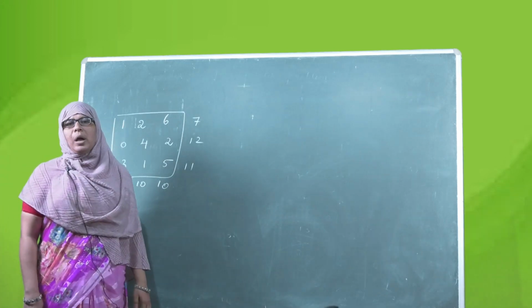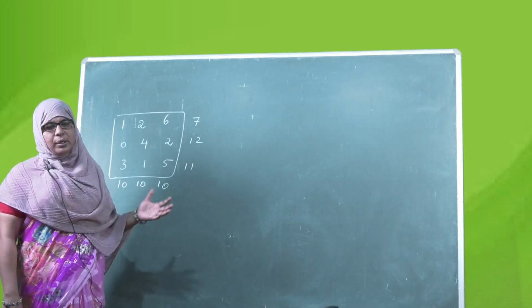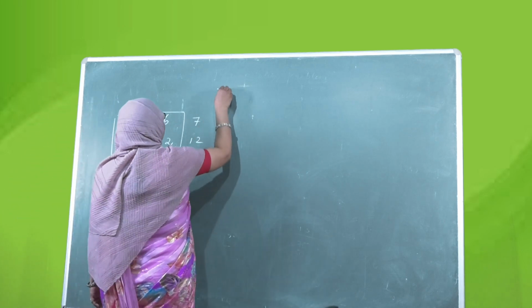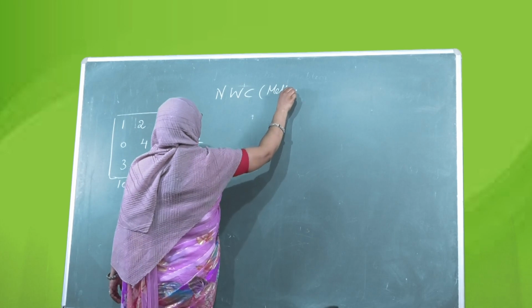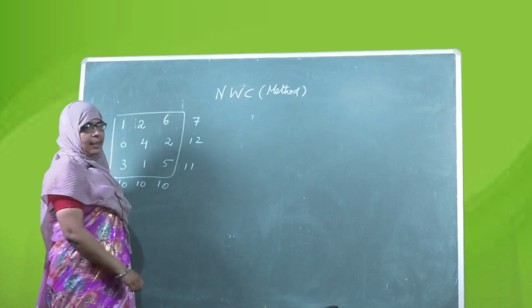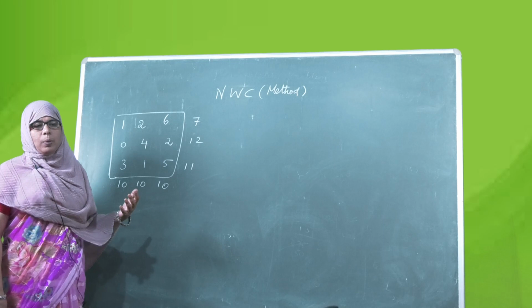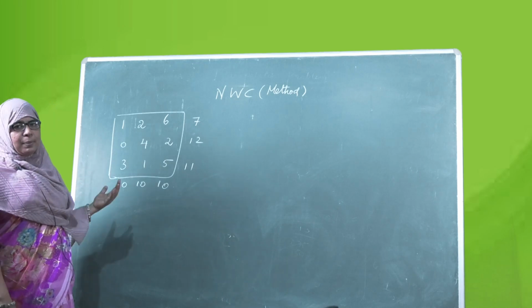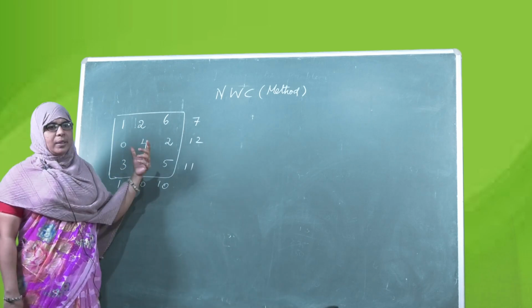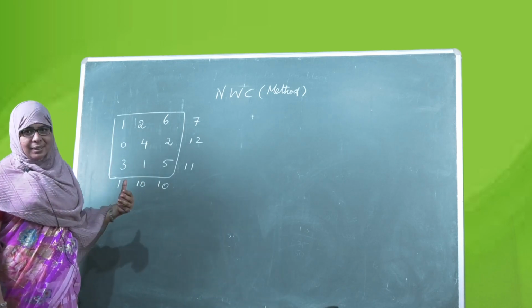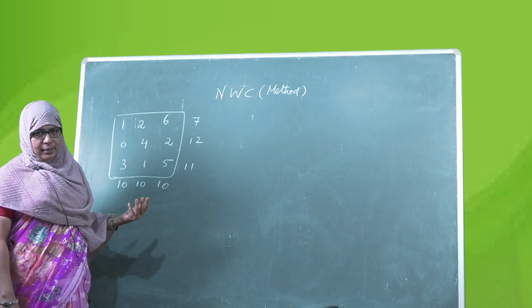Now we have to see another example of this northwest corner rule or NWC method. In our previous problem, I told you to check whether the problem is balanced or unbalanced.